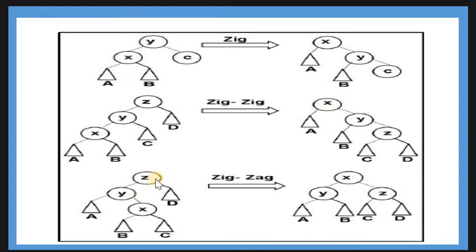This is the third scenario where Z's left child is Y and its right child is X, and you want to move this X to the root. So it is a cross.